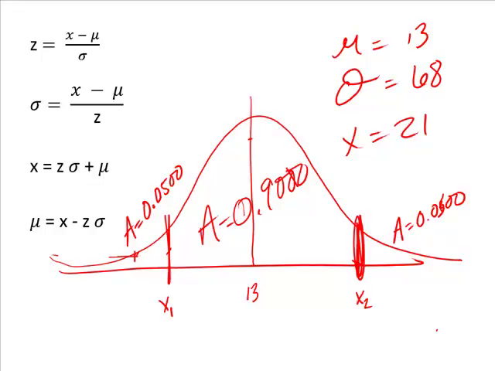I can't put all of the 10% in one area unless I said, find me the top 90% of the scores. But I didn't. I said, find me the middle 90% of the scores. If I said, find me the first 90% of the scores, then you could pack it all in that way, right? But I said the middle, which means that I'm going to have some higher and some lower.